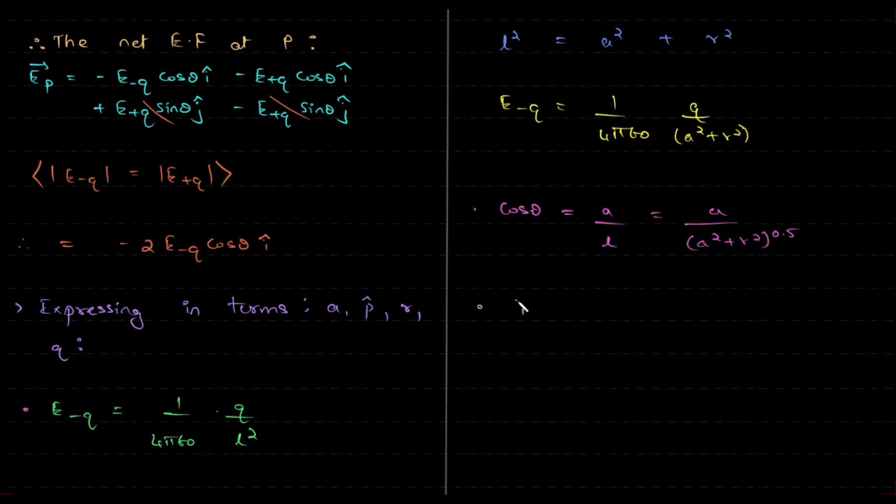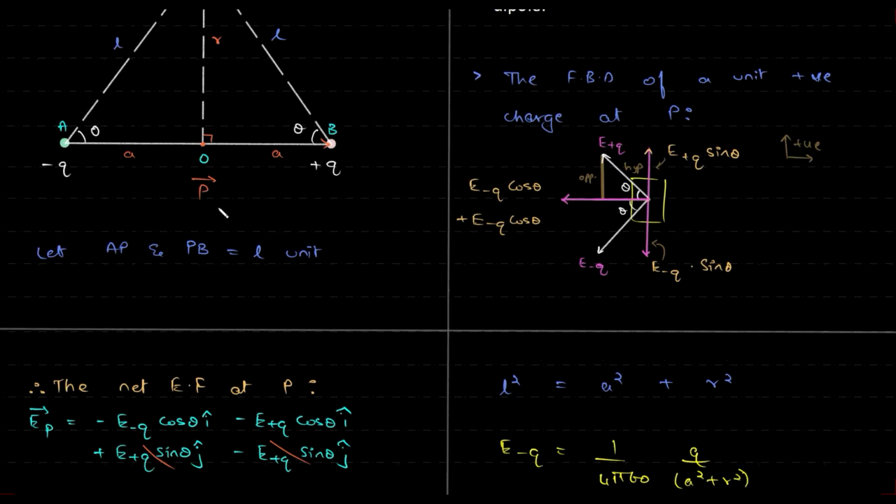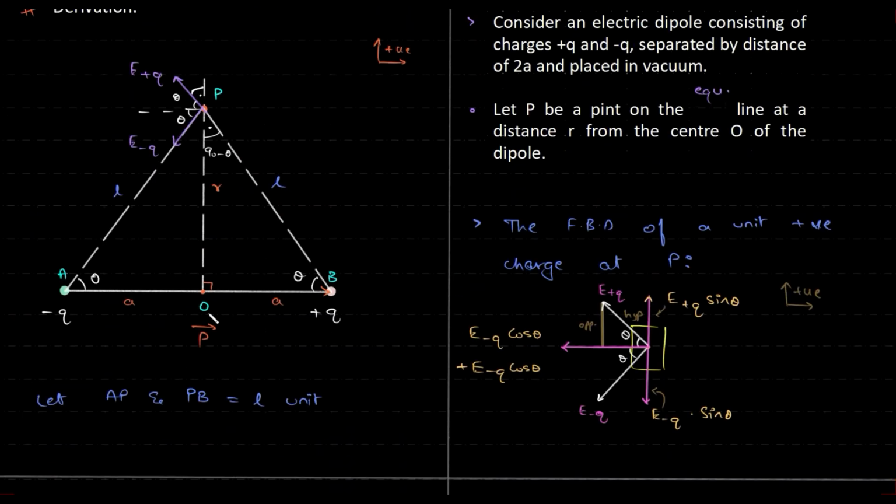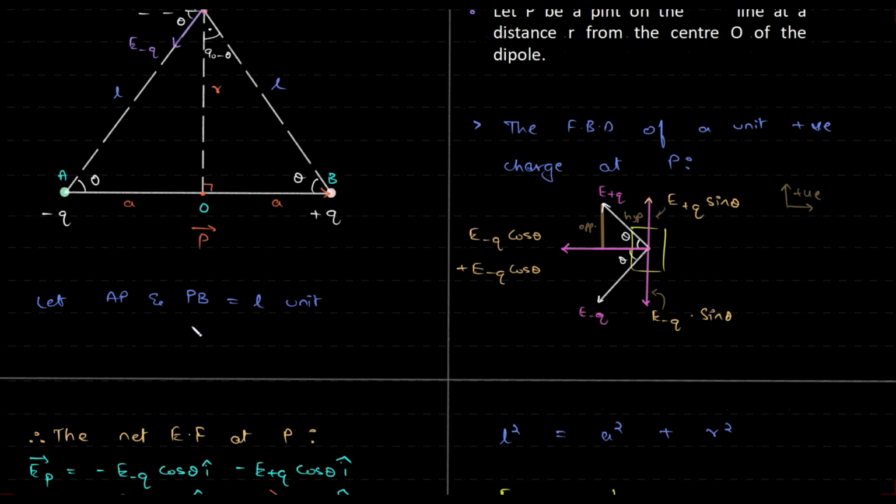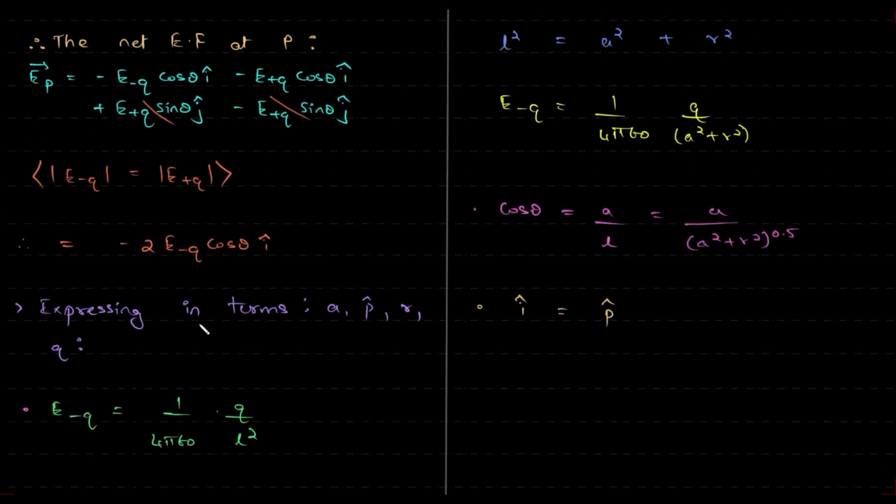Finally, we have I cap, which is equal to P cap. I cap and P cap in our diagram are one and the same. Again, for your diagram, it might be opposite. For my diagram, it is the same. So whatever you do, you will get the right answer. So let's substitute it in 1. We'll call this 1.